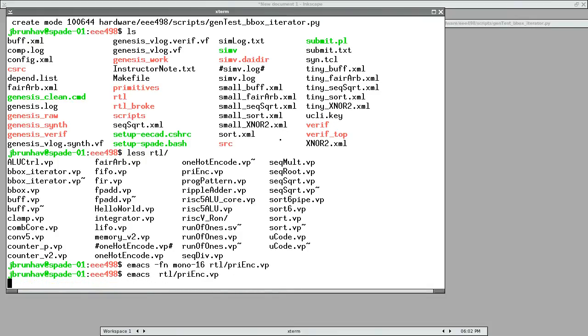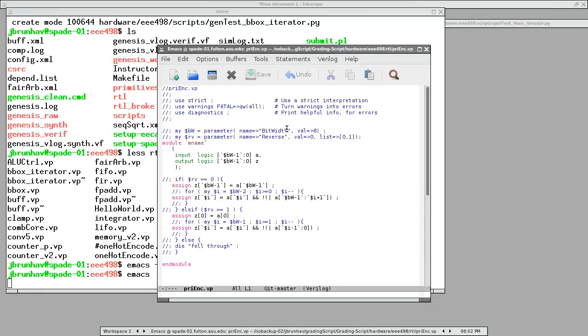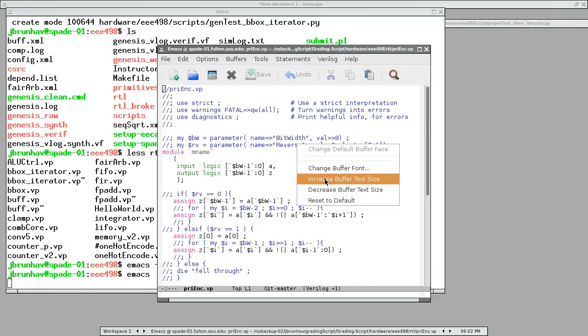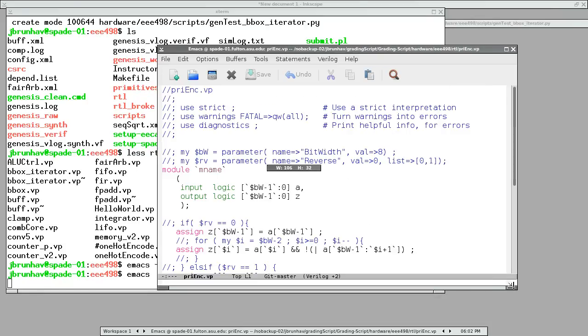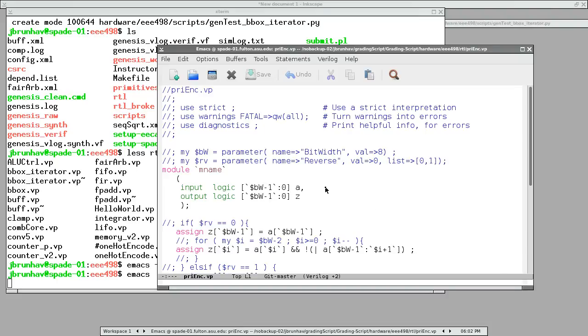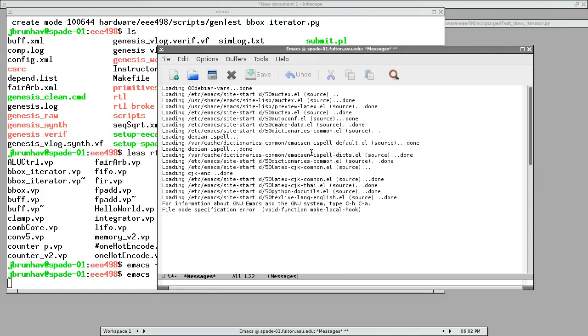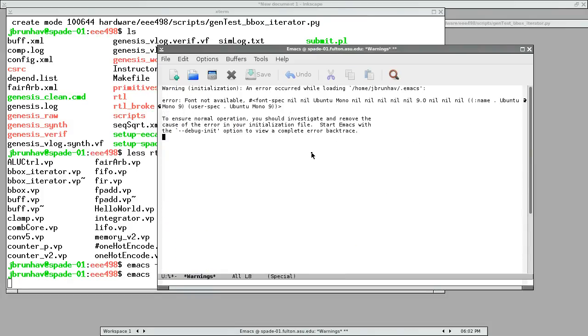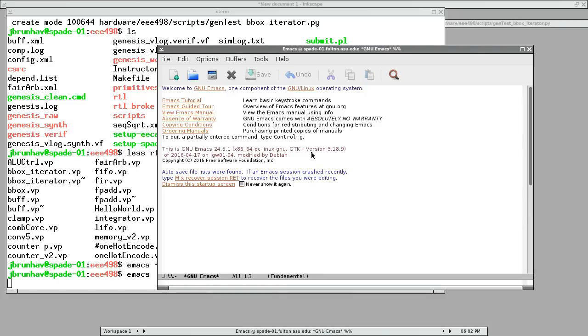Having some fun with Emacs. All right. And then let's bring up a buffer. So what are we trying to build?